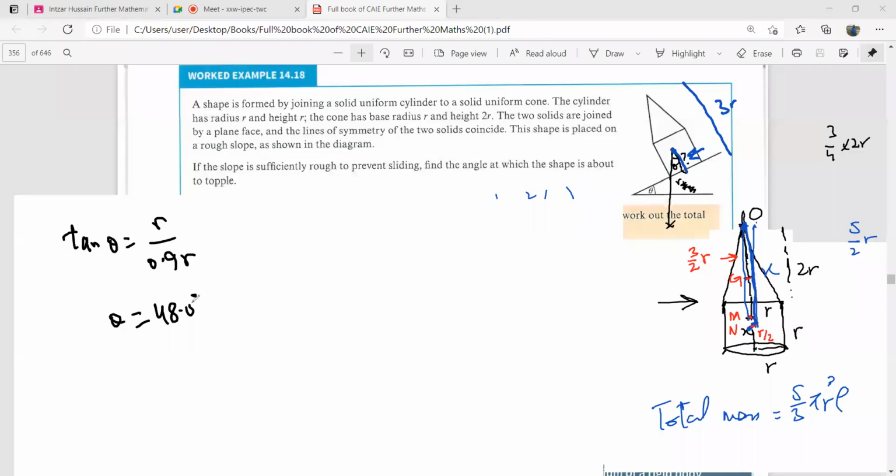This is the angle at which, if you tilt it up to this, the solid will topple once you reach the angle of 48 degrees. Acha, now we have some fight here. So I'm going to end this here, and in the next segment we shall move into the sliding cases, inshallah.